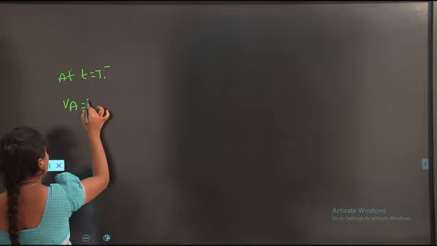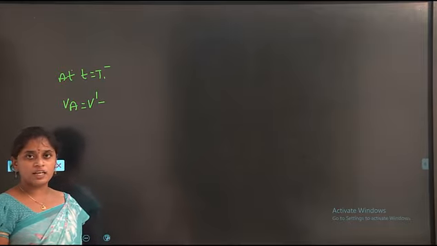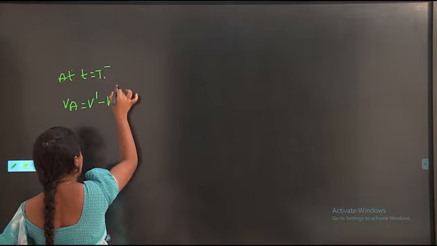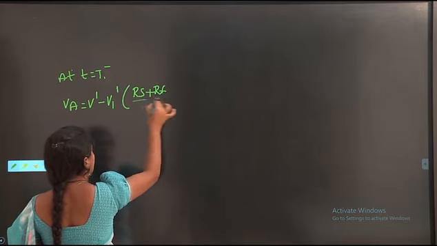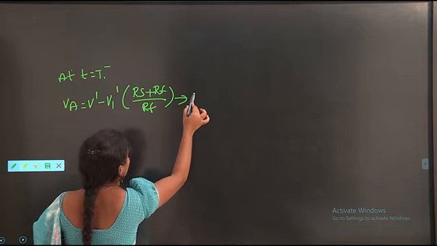The VS signal will be V dash, and what is the output signal? The output signal V naught, nothing but here we get the V1 dash signal. So we consider V1 dash also, and (RS plus RF) by RF, which is taken as equation number 5.